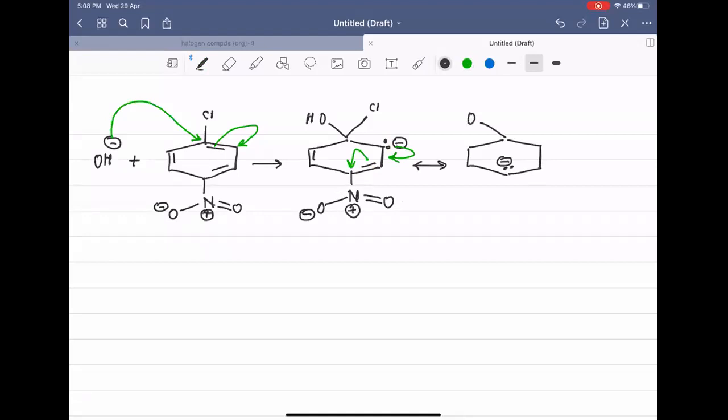You can see this now. Now, this is the key point. Here you have a lone pair, and this is where your nitro group is attached. So now what happens is the lone pair can be pulled out of the ring.